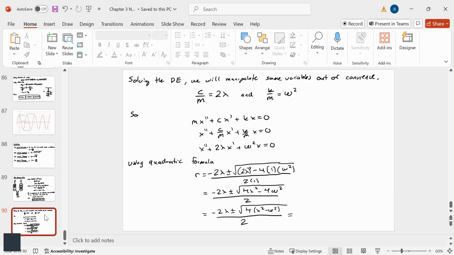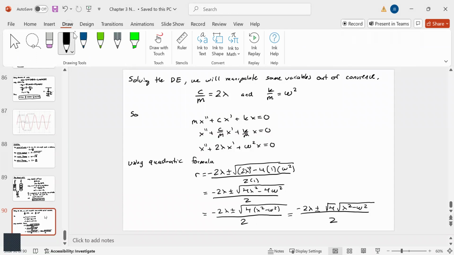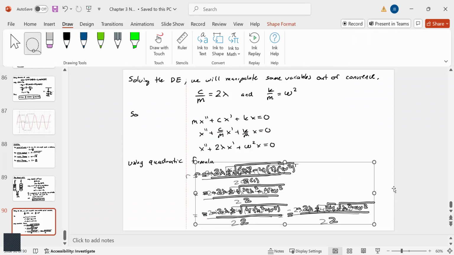And then from there, we can break up the radical of the 4. And the square root of 4 is just 2. So then all the 2's cancel out, right? That's kind of the end result that we're going for here. So actually what I'm going to do here is move this all over.